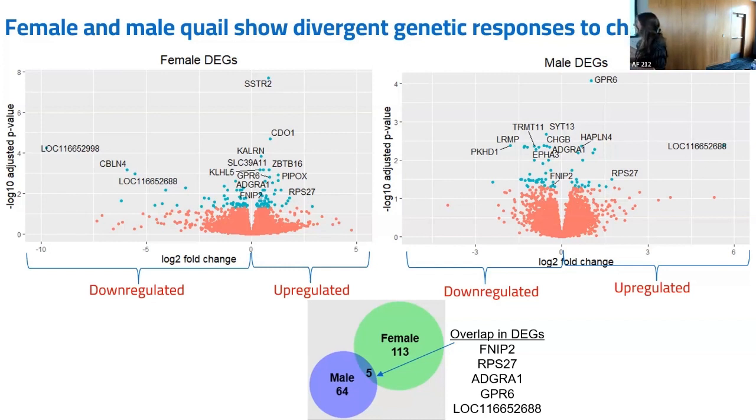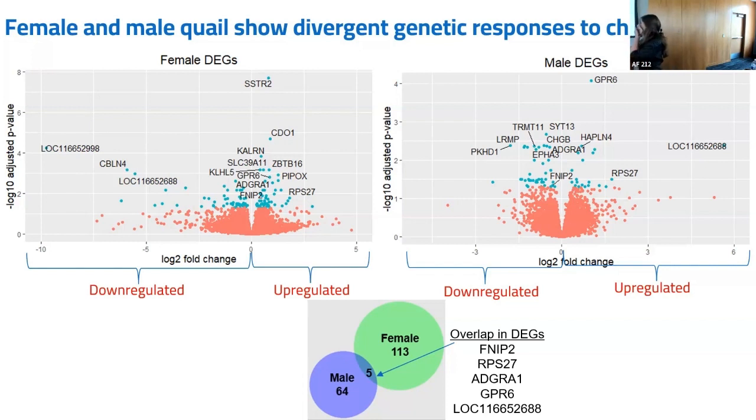So if they were negative, they were downregulated, and if they were positive, they were upregulated. And then on our Y is our significance. And our top 10 genes are labeled as well as the overlapping genes. So this figure is just a summary of our DEGs here in blue.